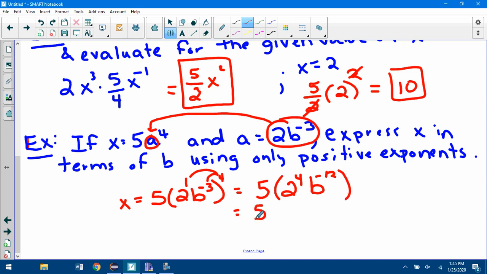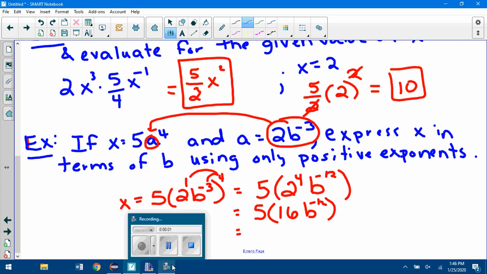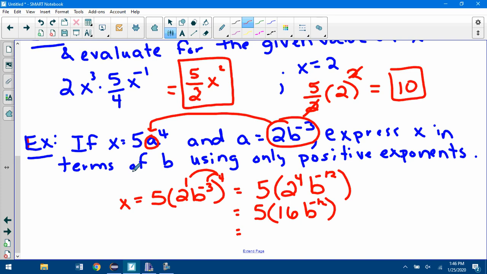What is 2 to the fourth? 16, b to the negative 12th. 5 times 16, well, that's 80, if you didn't know. 80b to the negative 12th.